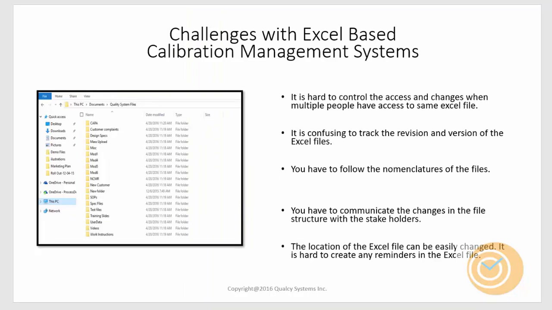Again, these are hard to manage and track, and the revisions and controls required for managing the file systems. You have to communicate the changes in the file structures with the stakeholders. The location of Excel files can be easily changed, and it's hard to create any reminders in the Excel files.